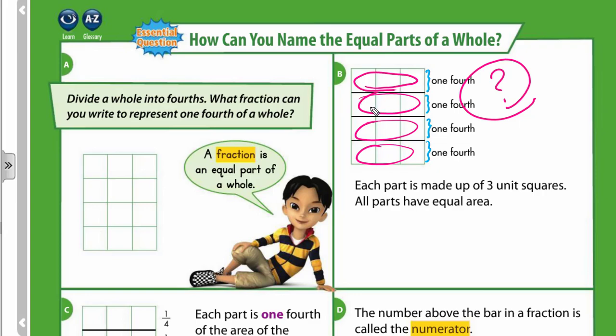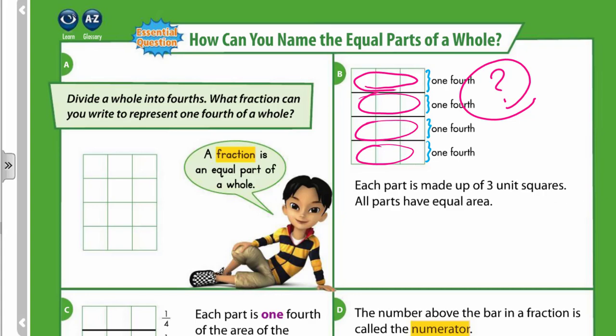Explain more. Each one here is made up of how many square units? 3. That's it. We have for each one 3 square units. So the four parts are equal.